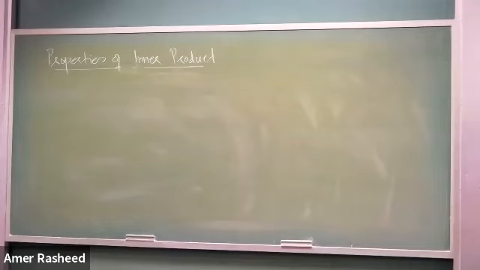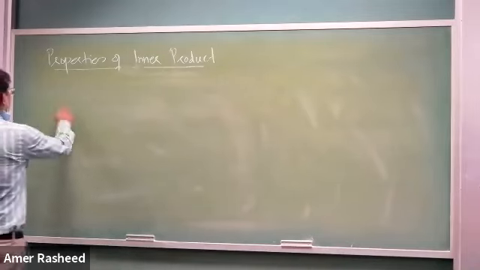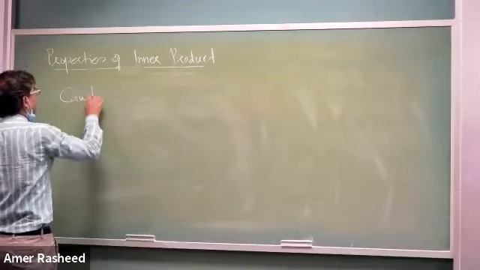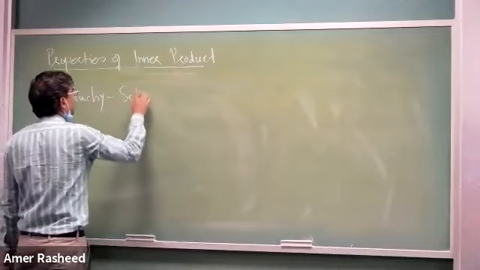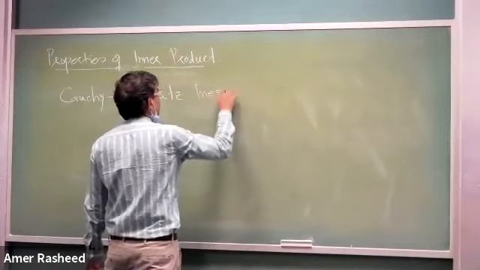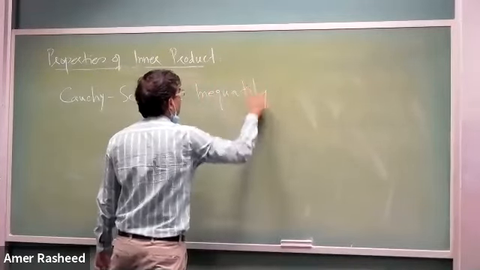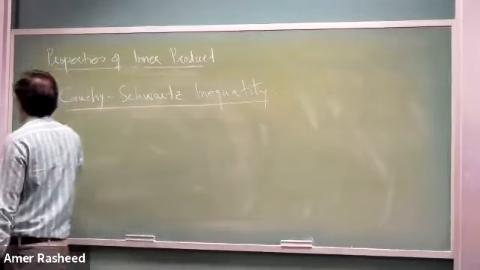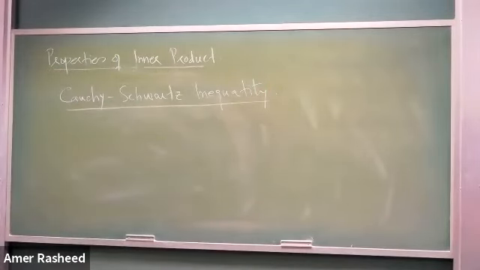So the first one is the Cauchy-Schwarz inequality. What is this?